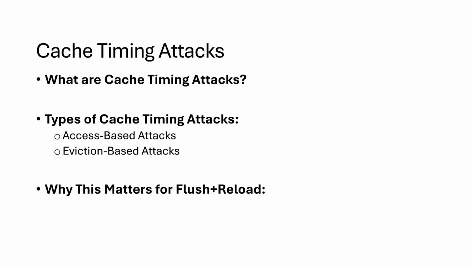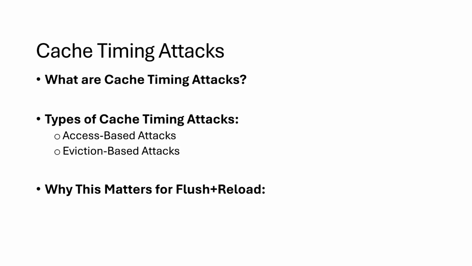Now let's talk more about cache timing attacks. So what are cache timing attacks? Cache timing attacks exploit differences in how long it takes to access data in cache versus main memory. Faster access means the data was cached and was just used by the victim, so it's upfront and right there.